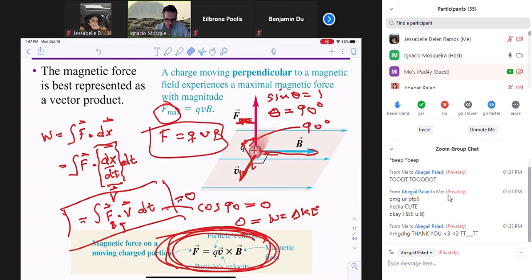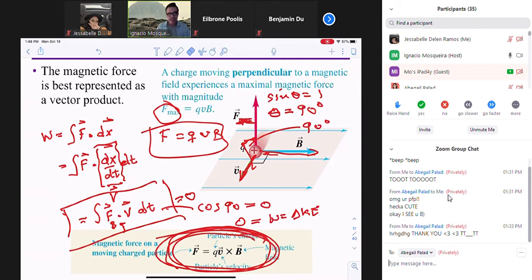So to calculate the work, we have to do F dot dx. Then we can rewrite the dx as dx/dt times dt, because you would just cancel the dt's. When you write it in that form, you can see that dx/dt, with a vector sign, is the velocity of the particle.